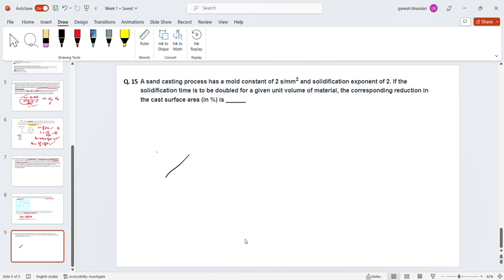So there is a relation, I'll just solve this. As we have seen, the solidification time T is related to the volume and area, and your area is inversely related to the root of the solidification time.